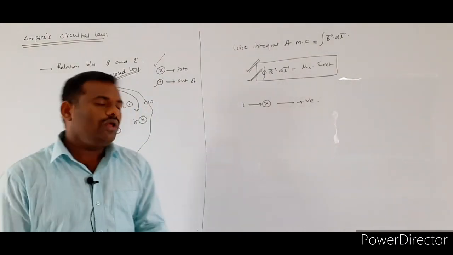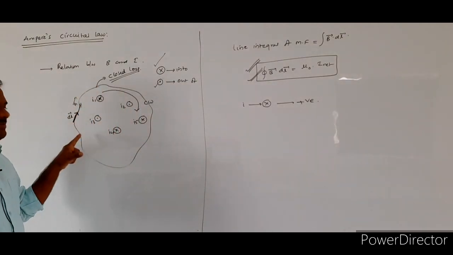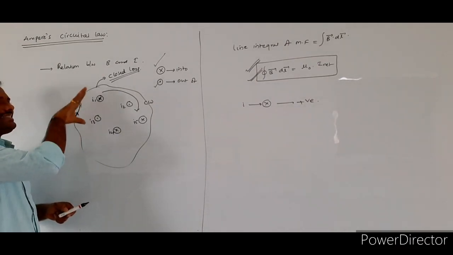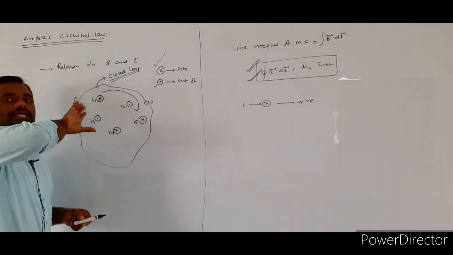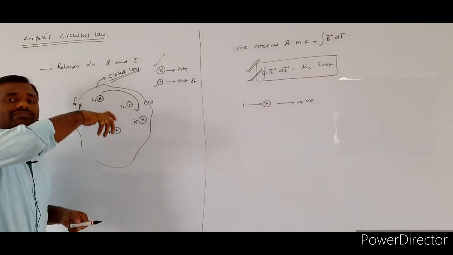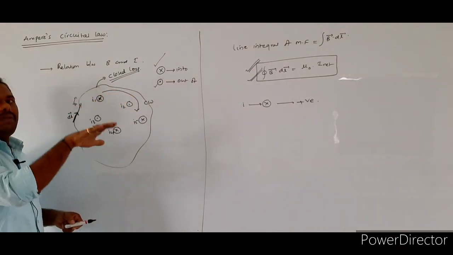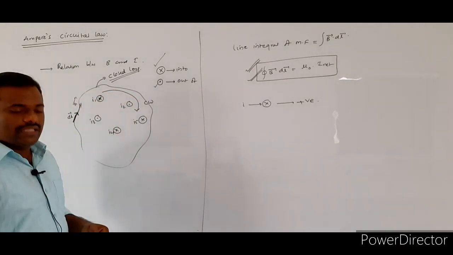How can we know? According to the previous explanation, you have to stretch your right hand fingers in the direction of the dl bar and you curl them in the direction of the integration, and the direction of the thumb will be giving the positive direction.